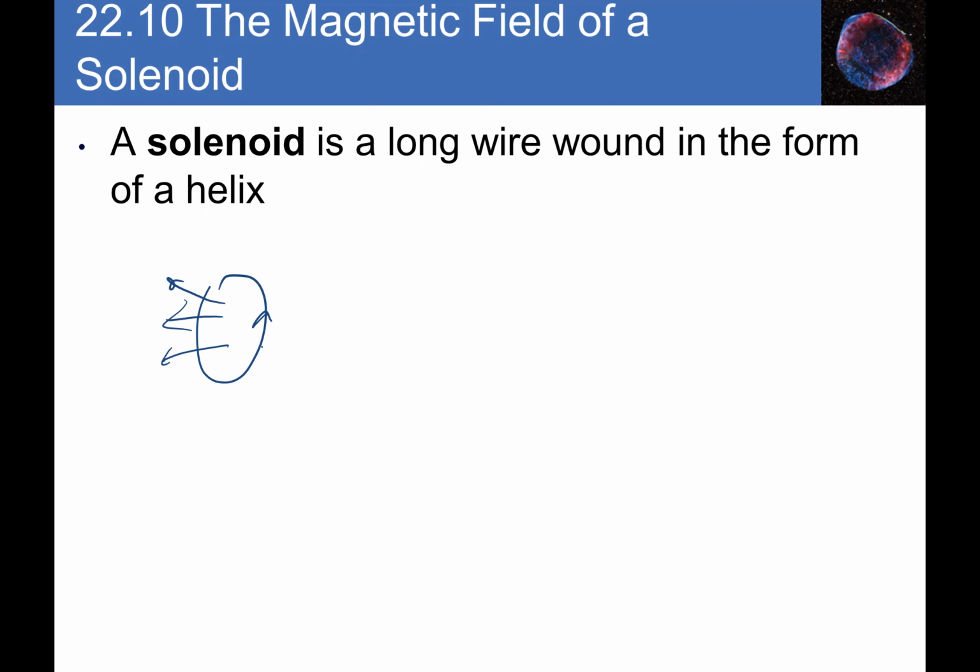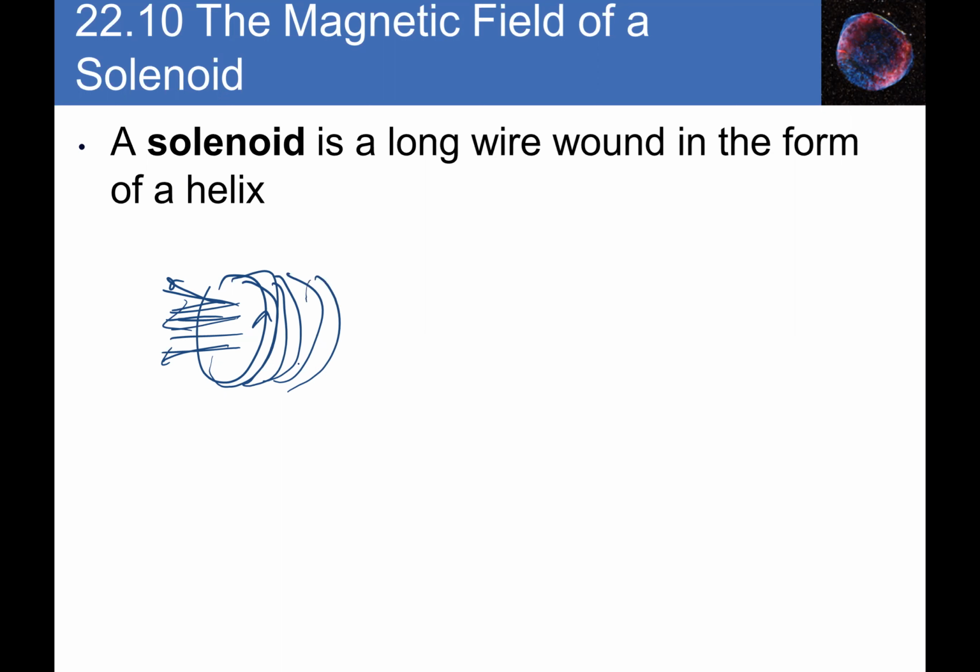And if I have more loops, I can put another one next to this one, another one next to this one, and another, and then I can make the magnetic field through those loops more and more uniform. Okay, so a solenoid is a long wire wound in the form of a helix.